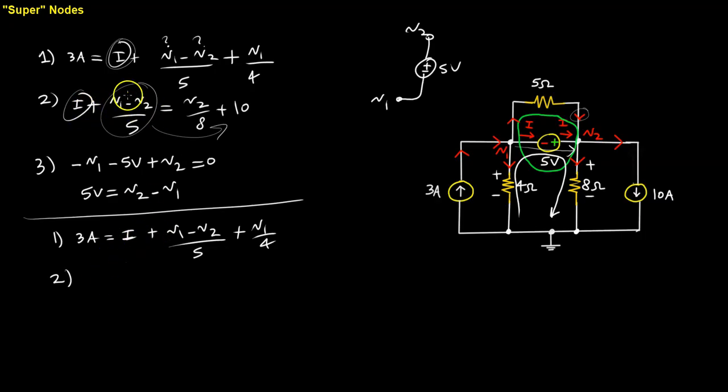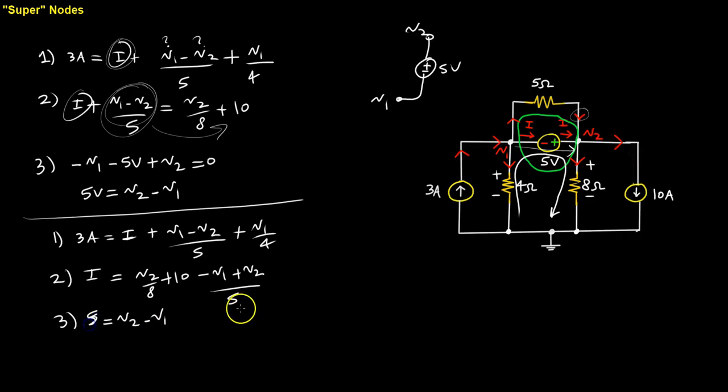So in this case, I'm going to take everything on this side to the other side. So I get I is equal to V2 over 8 plus 10 minus (V1 minus V2) over 5. And the third one, let me just go ahead and write that. It's going to be 5 is equal to V2 minus V1.